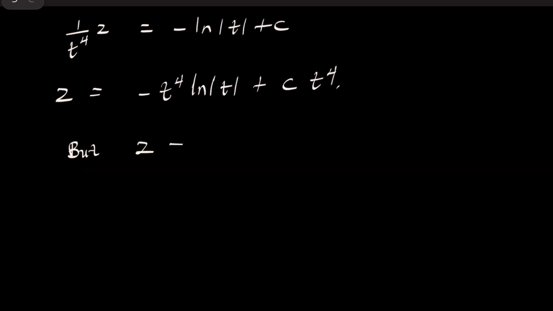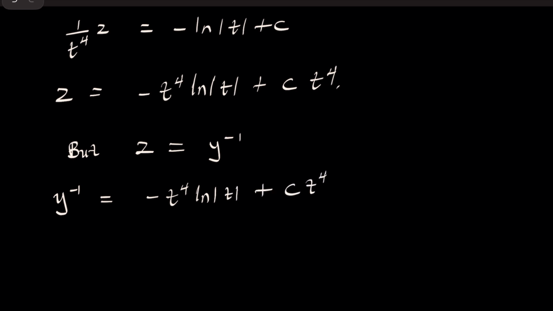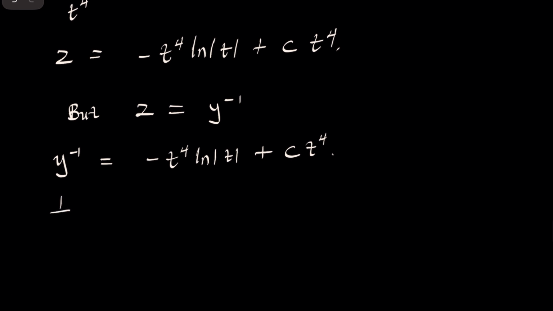But z is giving us y exponent minus 1. So we are going to have y exponent minus 1 is equal to minus t exponent 4 ln of the absolute value of t plus c t exponent 4. So that's 1 over y is equal to minus t exponent 4 ln of the absolute value of t plus c t exponent 4.